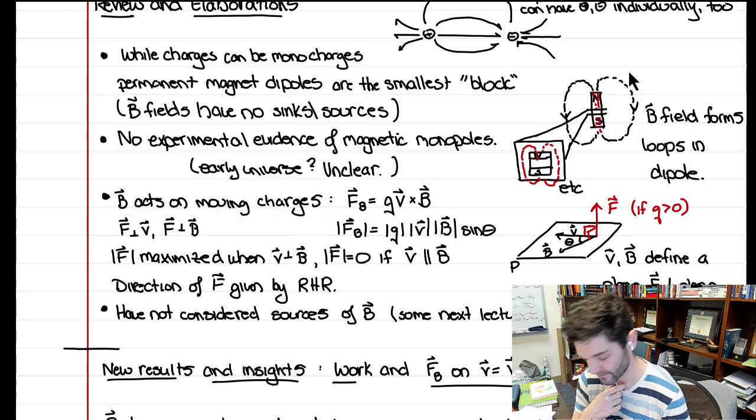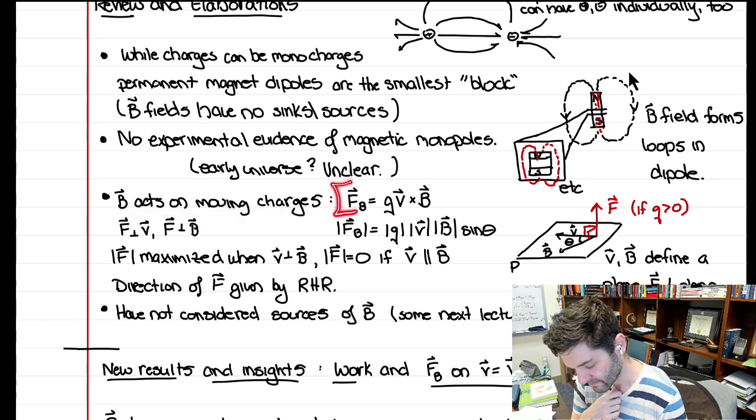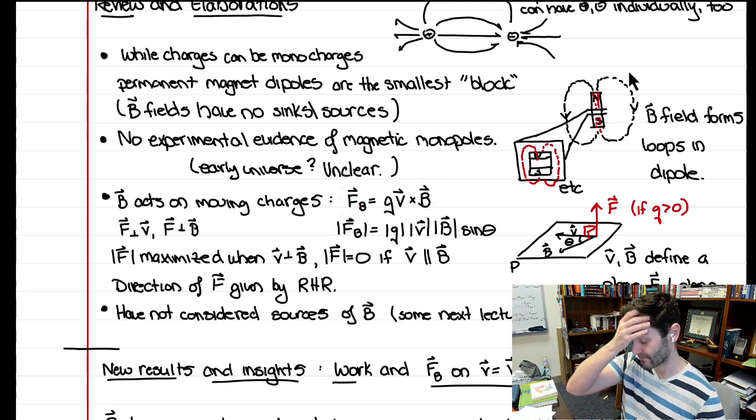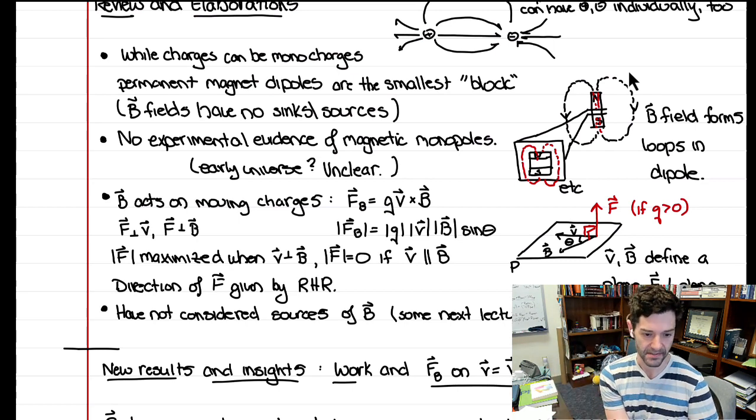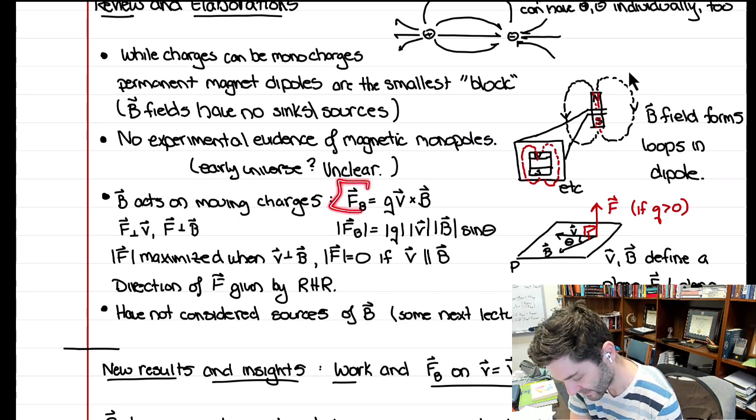There's some velocity. And we made an experimentally supported argument that the magnetic force takes this form: the magnetic force acting on a particle is the cross product of the particle's velocity and the magnetic field vector, multiplied by the charge.